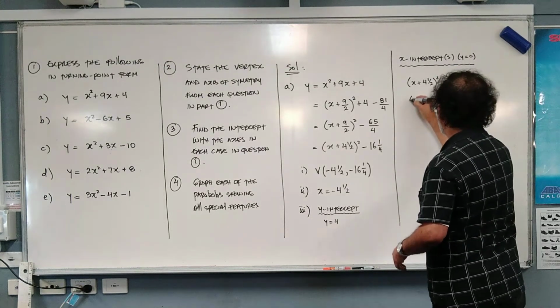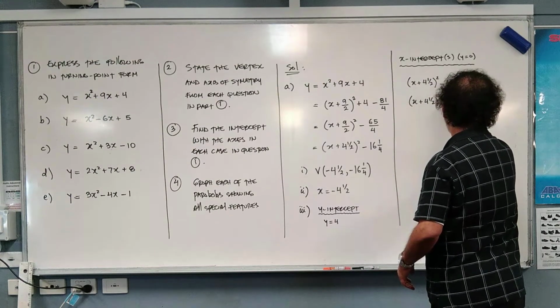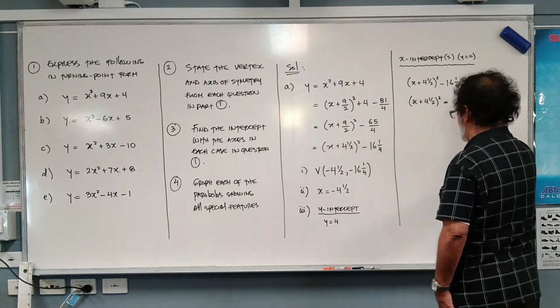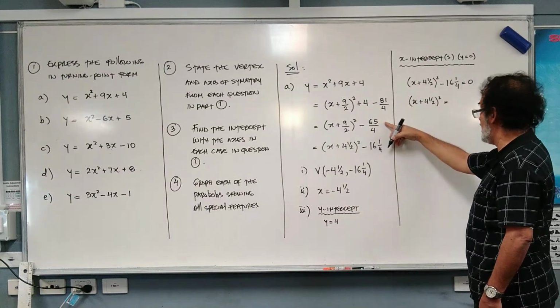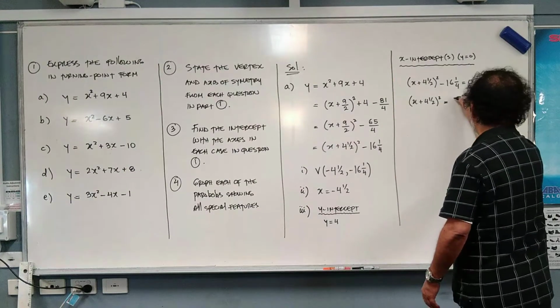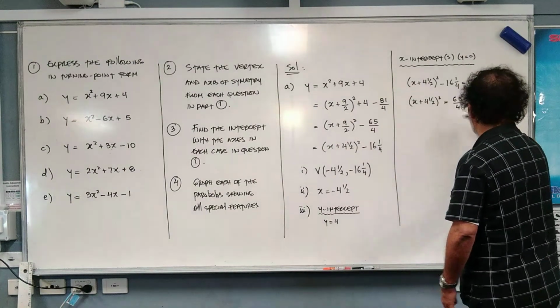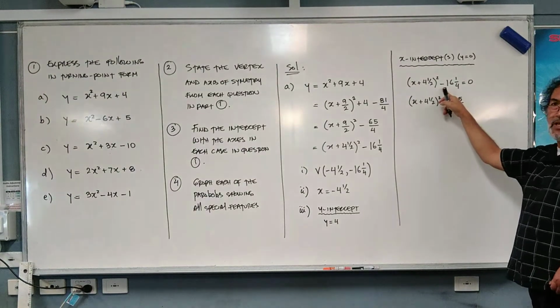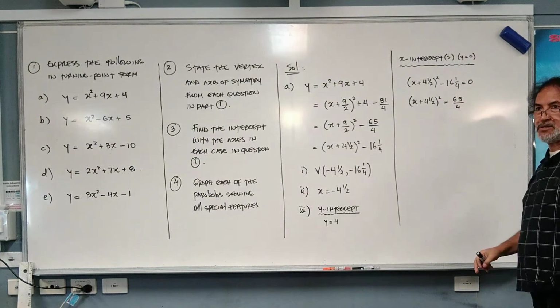To do that, we get (x + 4.5) squared is equal to, now I'm going to put this in proper fraction, 65 over 4. All I did was move this negative 16.25 to the other side and express it as a fraction.